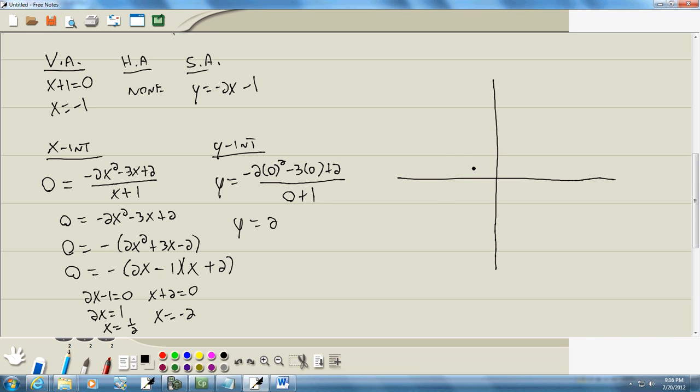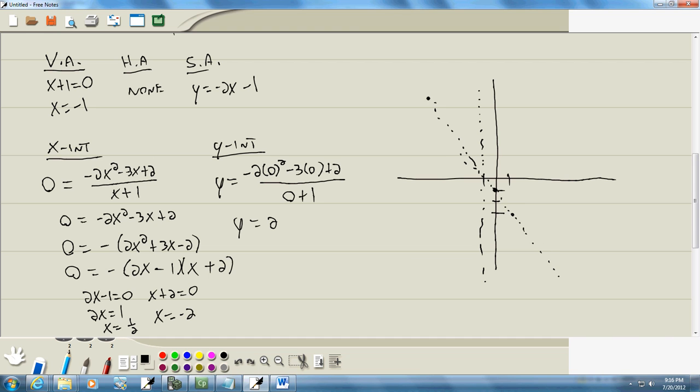So let's see what in the world we got here. Vertical asymptote x equals negative 1. Means we got an invisible line that the graph's going to skim at some point. Now the slant asymptote, that should be a dotted line, but oh well. So we got here an invisible line your graph's going to skim.